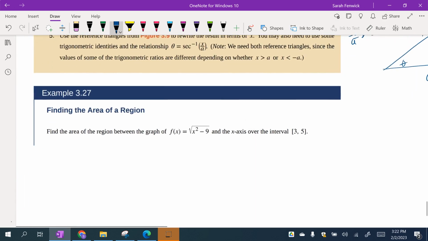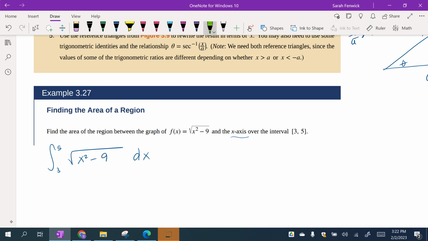Find the area of the region between the graph of f of x equals square root of x squared minus 9 and the x-axis over the interval from 3 to 5. So we know we're going 3 to 5. The area between these two, you would do square root of x squared minus 9 minus 0 for the x-axis, but we don't need that. dx.